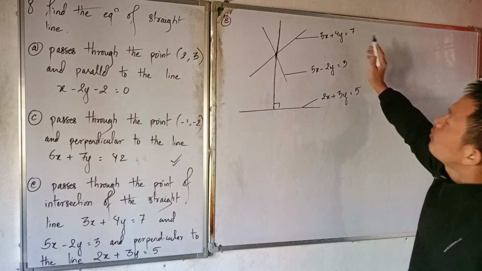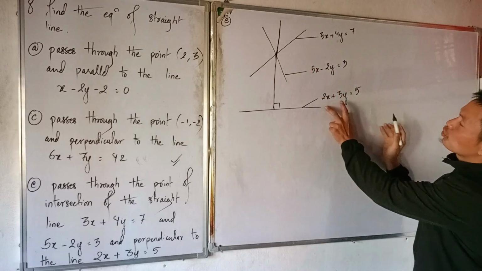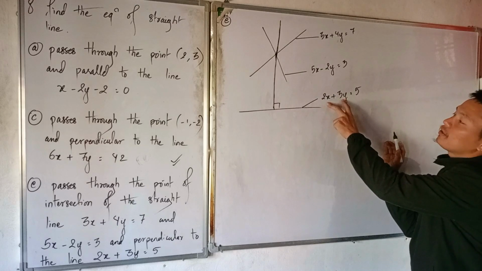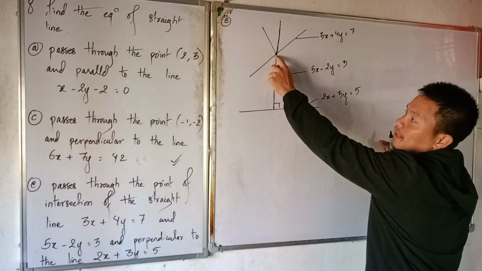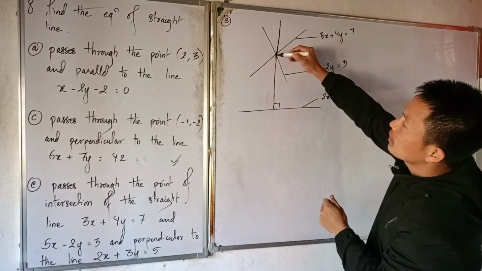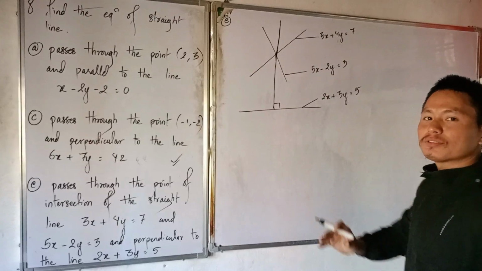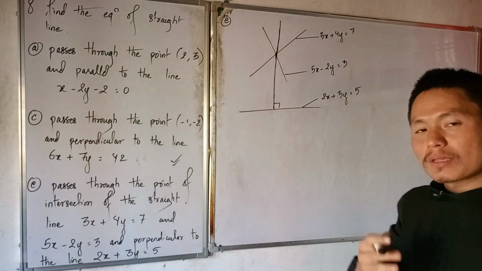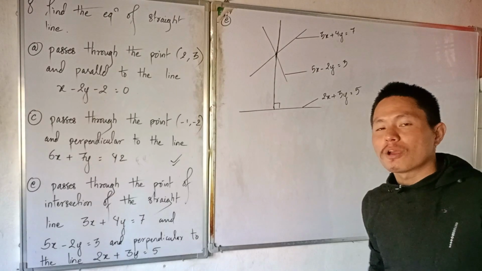So first you get the point. After getting the point, you know how to suppose the line perpendicular to this line. Then substitute the values of x and y, whatever point you get here, find the value of k, and replace the value of k there, and that will be the required equation of line.